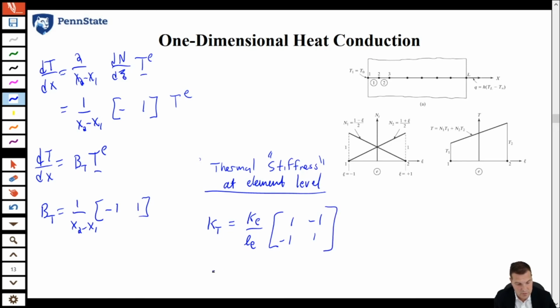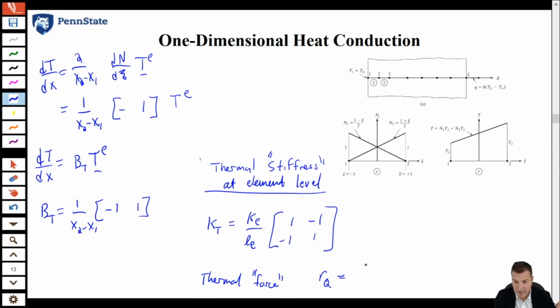And the thermal force value is R, and we would use a Q. This is kind of like the body forces, if you want to think about that.